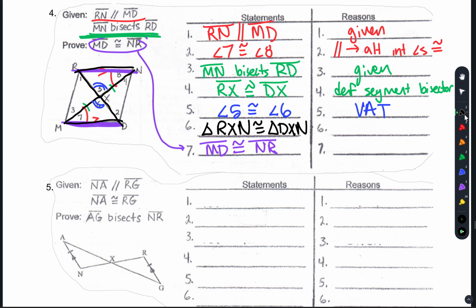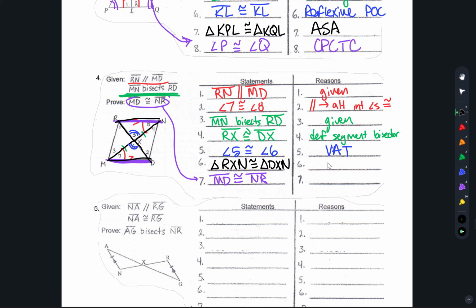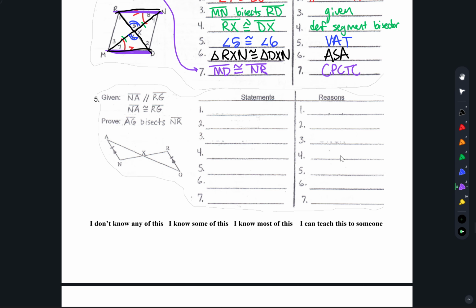My two triangles are congruent because of, Aubrey? And then my two pieces, corresponding parts, are congruent because of, Casper? CPCTC. Good?